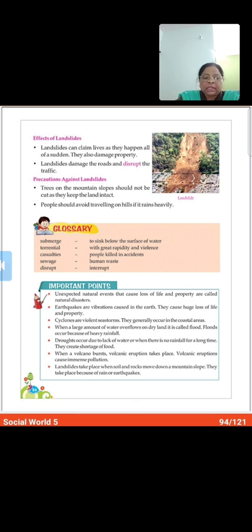There will be a landslide. And people should avoid traveling on hills if it rains heavily, because of rain, the soil becomes damp, and what happens? It becomes loose.